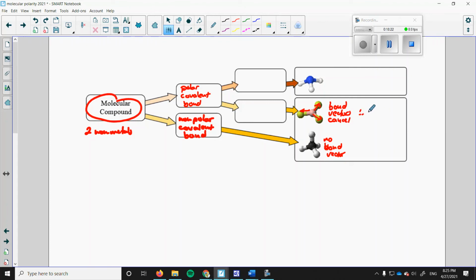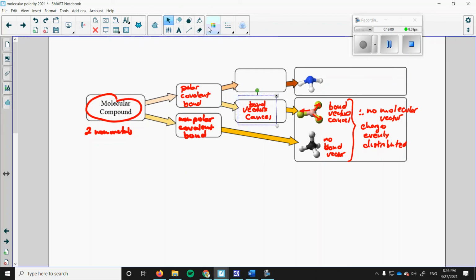Therefore, there's no molecular vector or net vector, and the charges are evenly distributed. That's true for both of these, so both of these are exactly the same. This is the situation where bond vectors cancel.